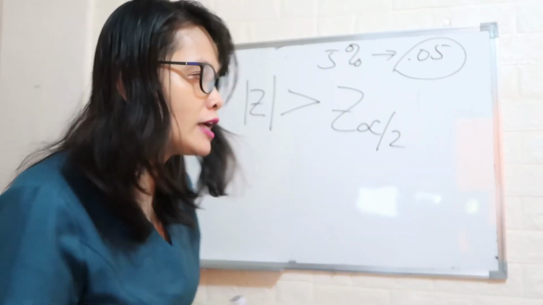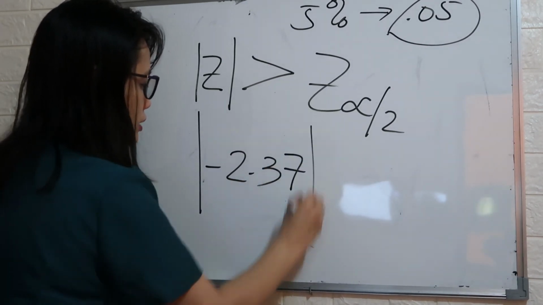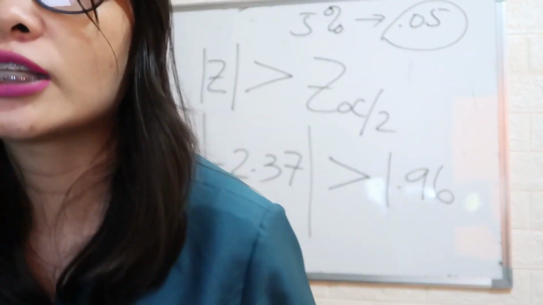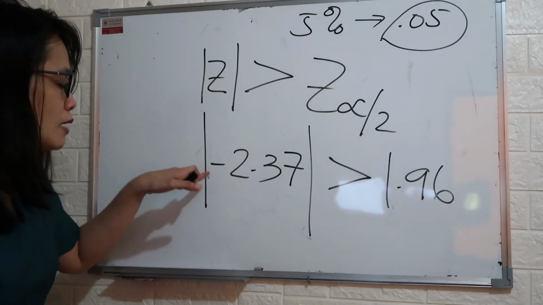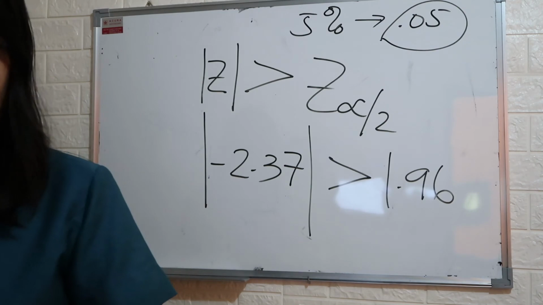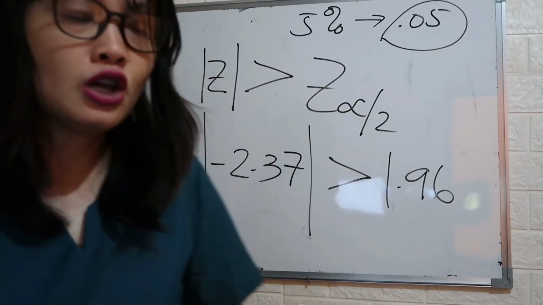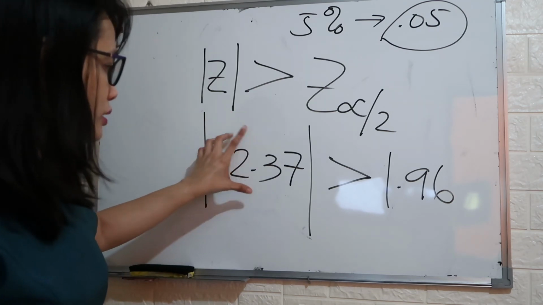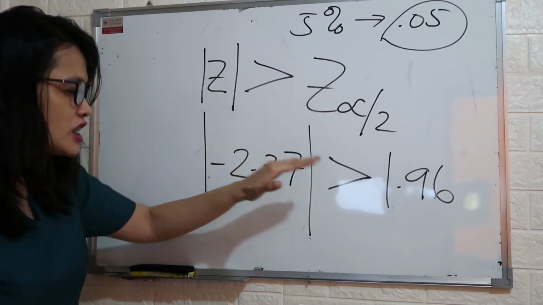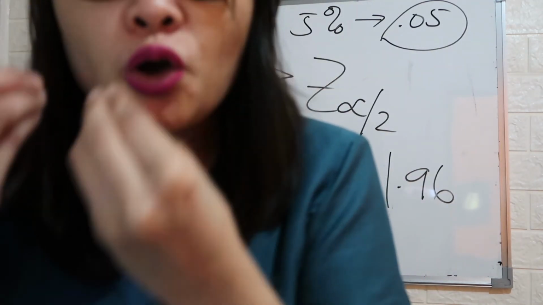So in this particular answer, the absolute value of 2.37, is it greater than 1.96? People, is it? Yes, ma'am. Okay, yes. So absolute value of negative 2.37 is greater than 1.96. So meaning we need to reject HO.